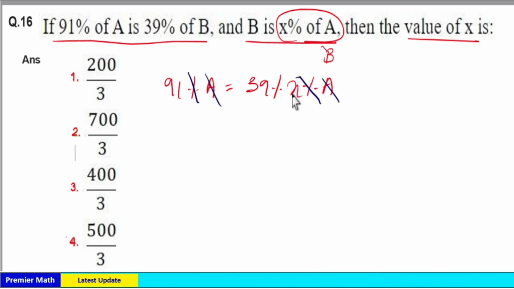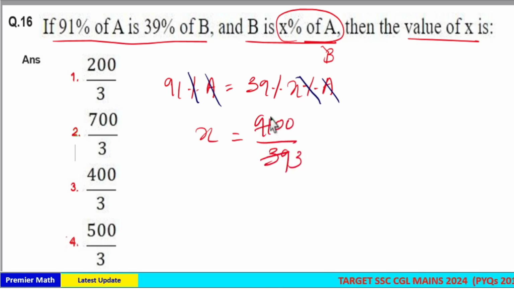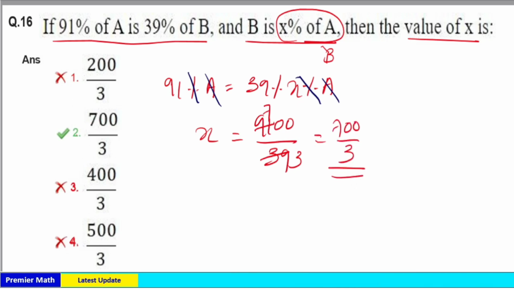So X percentage means X by 100. X by 100 of 39 is equal to 91, means X is equal to 9100 by 39. 13 goes 3 times in 39 and 7 times in 91. So this is 700 by 3. Option 2 is your answer.